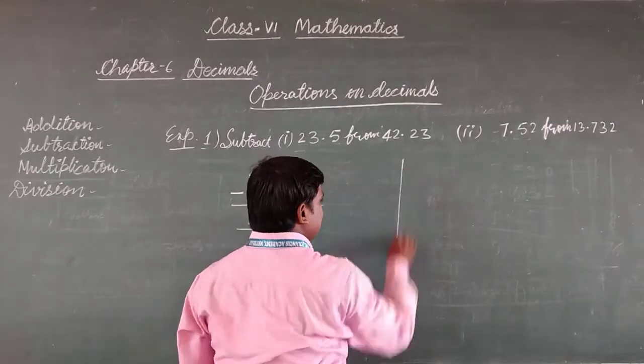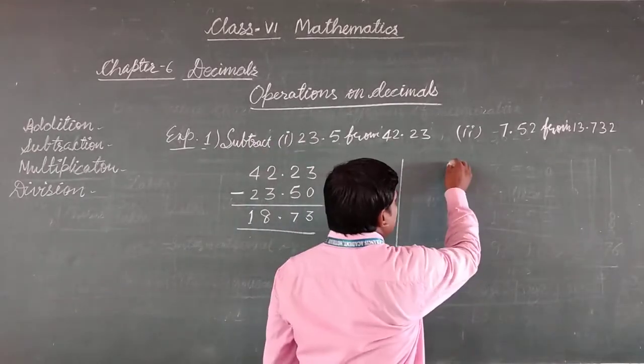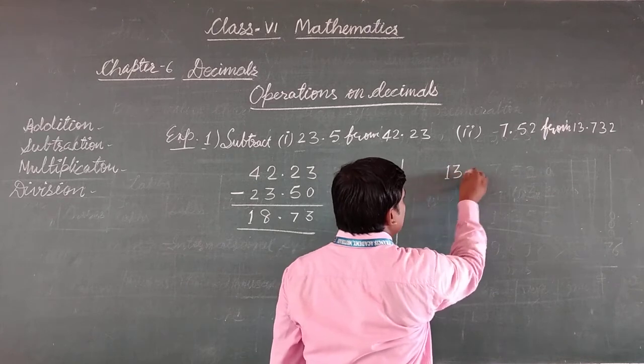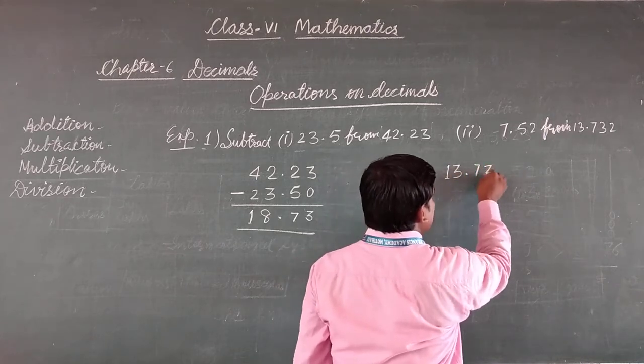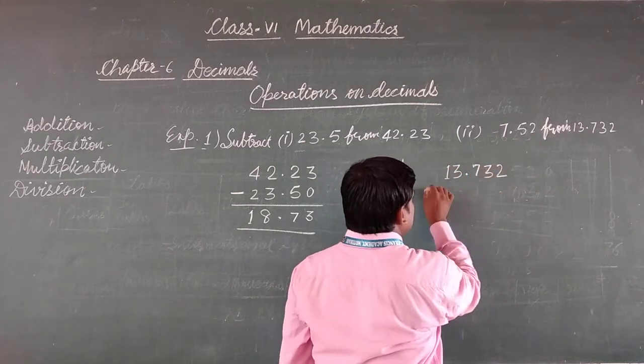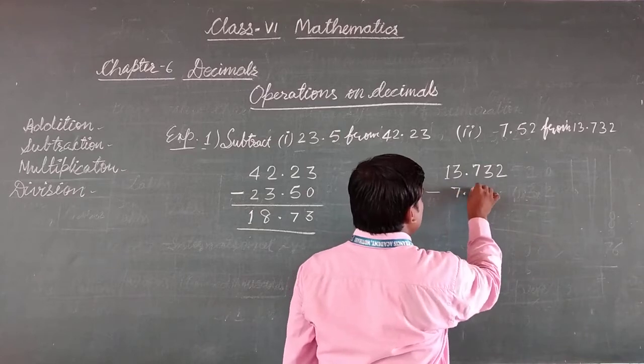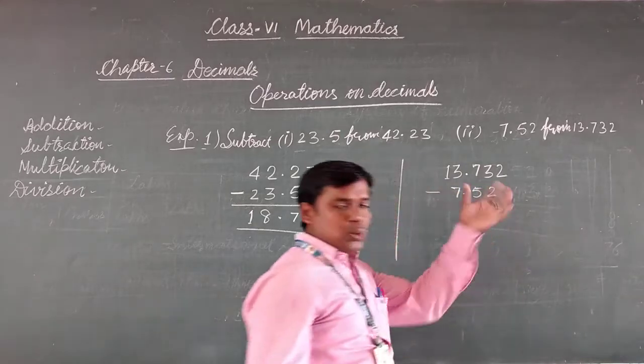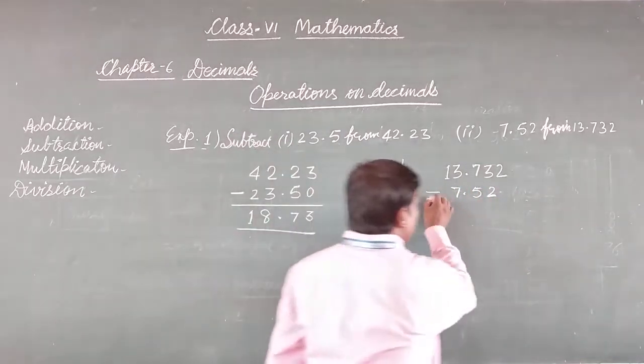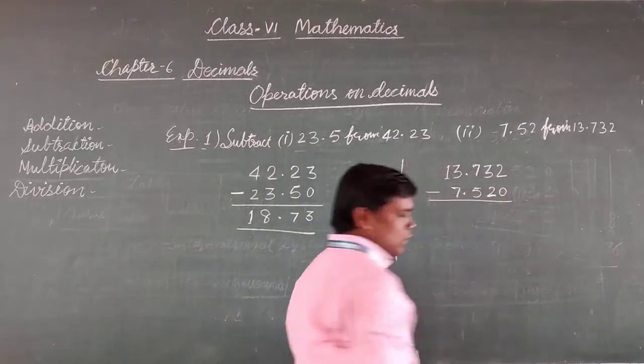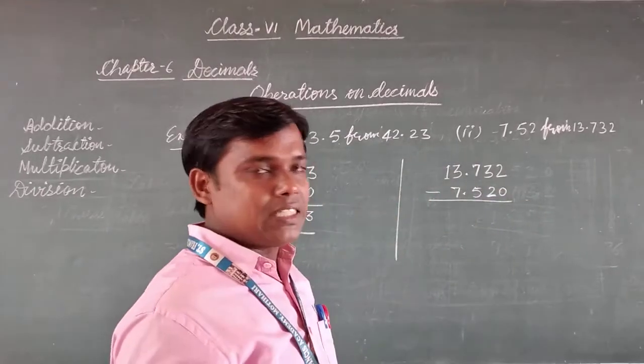In this case, we have the number 13.732, then minus 7.52. Again these two are unlike decimals, so we have to make them like decimals by placing 0 to the right of the decimal digits.